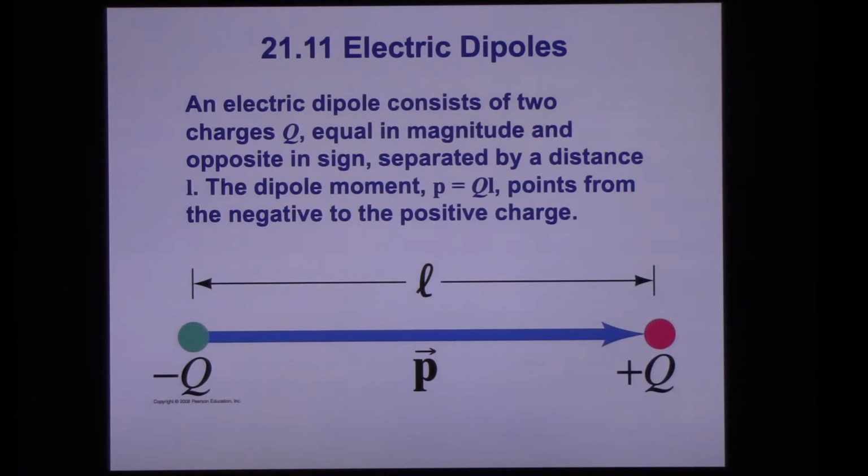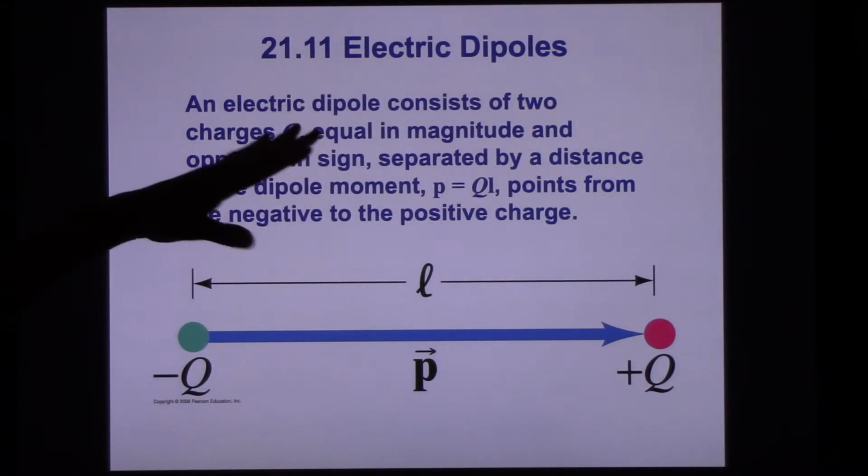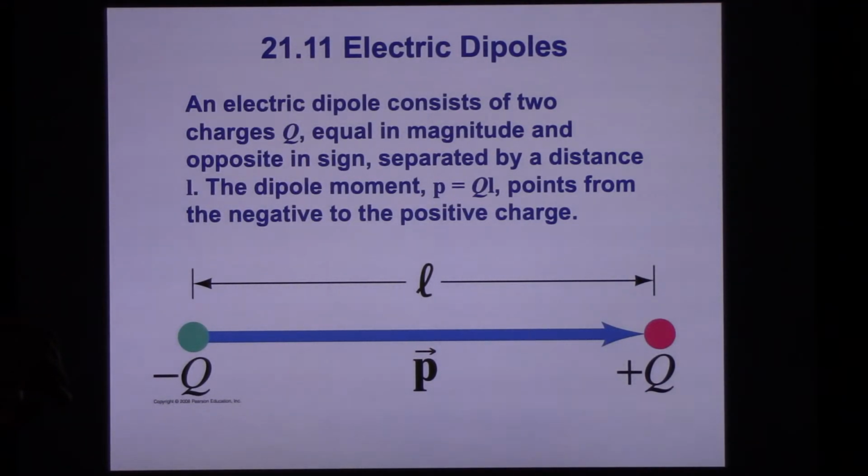All right, electric dipoles. We had looked at some, and I think this is kind of the last major section, so we're going to be wrapping this up here. We're going to come back and look at these electric dipoles. We saw this in one of our examples.